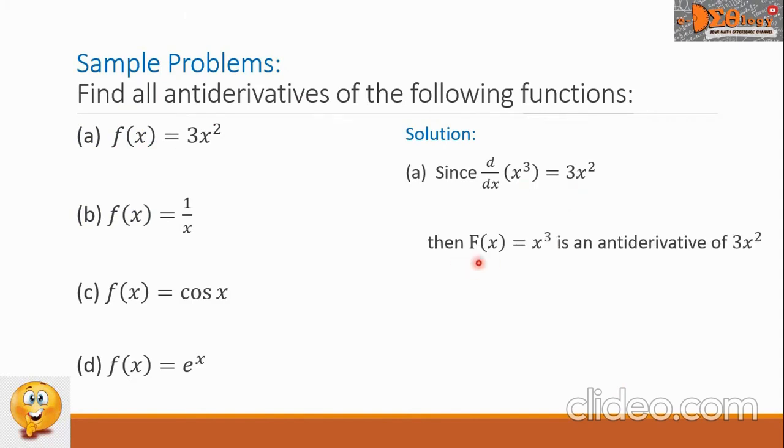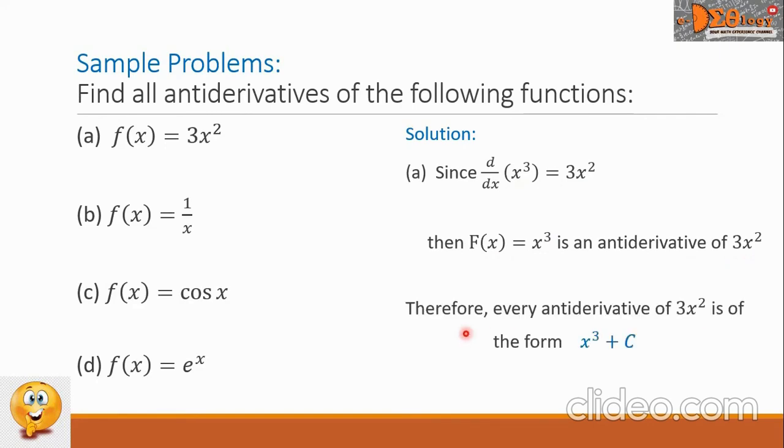Then, capital F of x is equal to x cubed is an antiderivative of 3x squared. Therefore, every antiderivative of 3x squared is of the form x cubed plus c. So our final answer here is the capital F of x is equal to x cubed plus c.